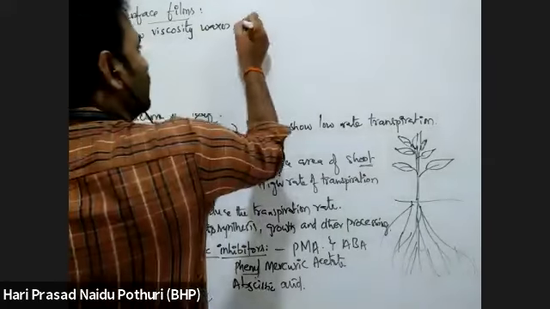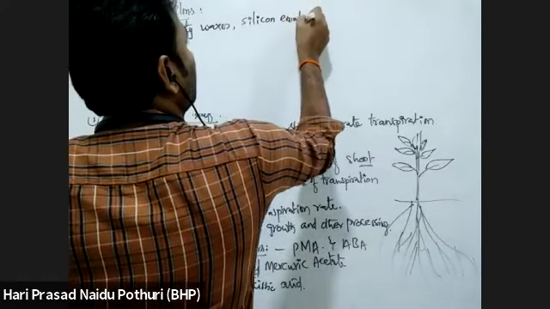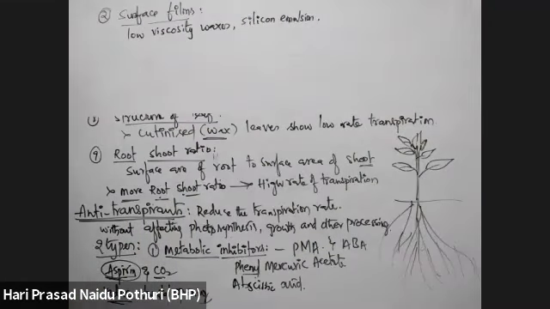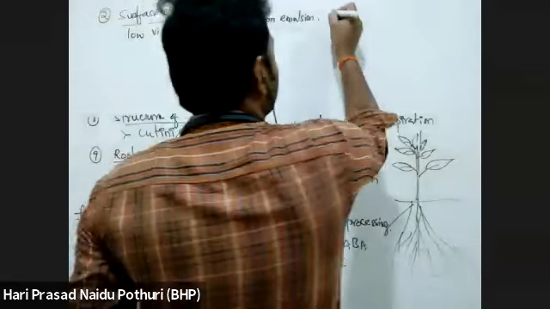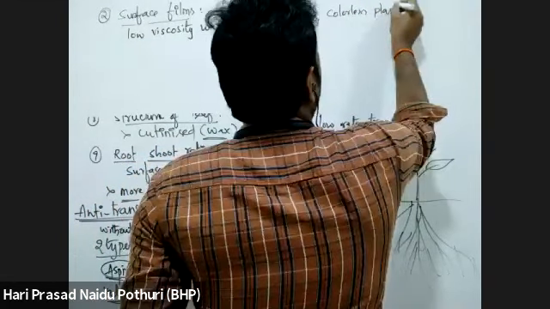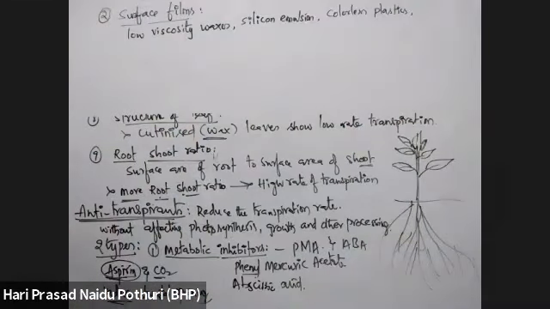Silicone emulsion, I told you in lipids. When lipids are amphipathic in nature and combined with water, they form emulsions, liposomes, micelles. So that is silicone emulsion. And colorless plastics. Plastics do not allow water; they are impermeable to water.